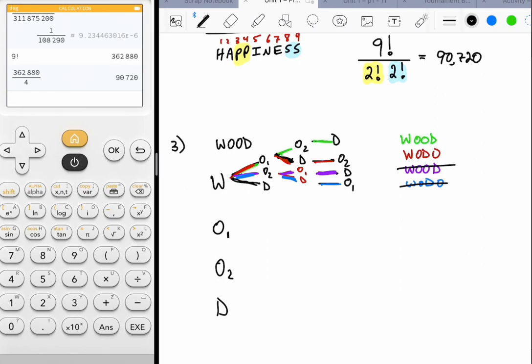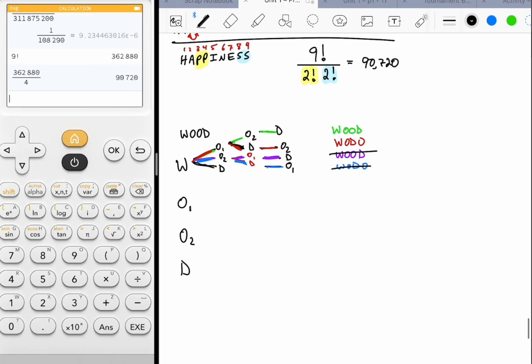So instead of doing that, I would say there are 4 factorial arrangements for the letters in the word wood, and then I'd have to account for the repeats. The O occurs twice, so I do a 2 factorial to account for the different arrangements of the letter O and O. In each case, I had an O1O2 and an O2O1.